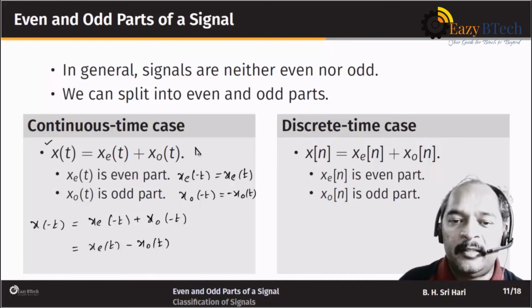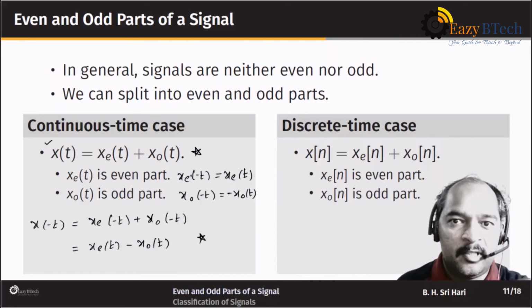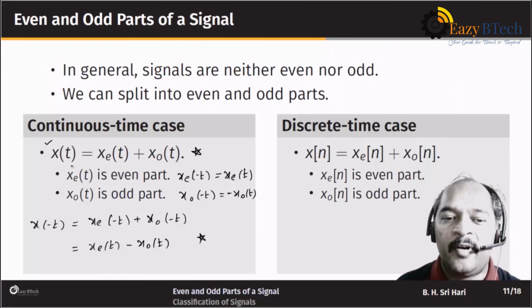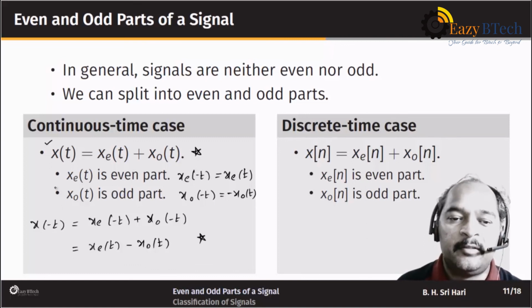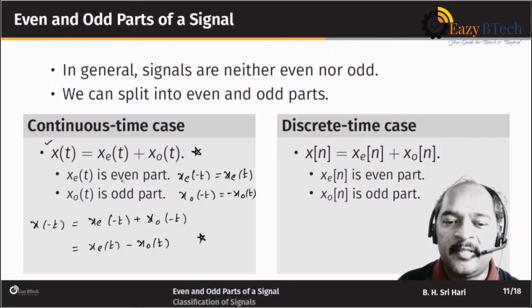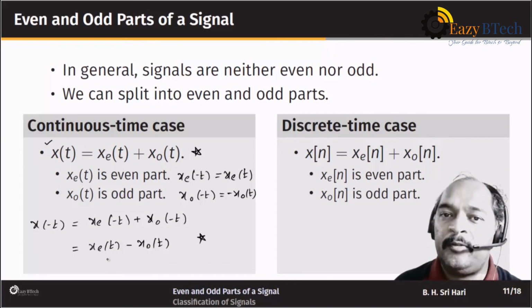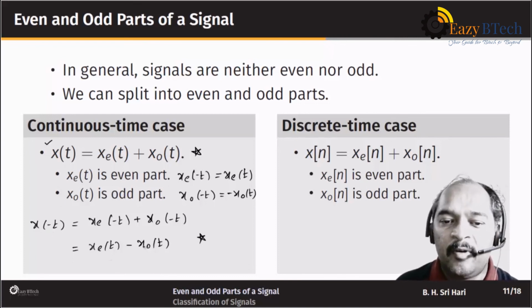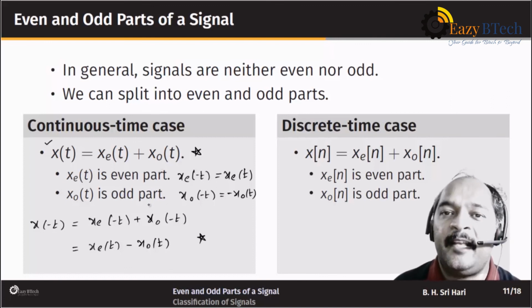Now you look at these two equations. If I add them, what happens? On the left hand side you get x of t plus x of minus t, and on the right hand side xe of t plus xe of t would be 2xe of t, but xo of t gets cancelled.